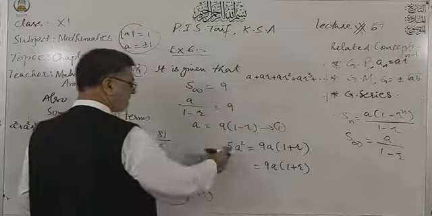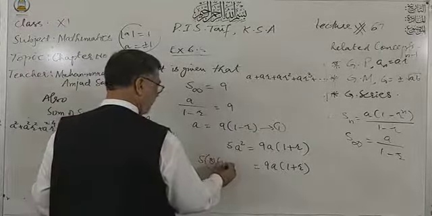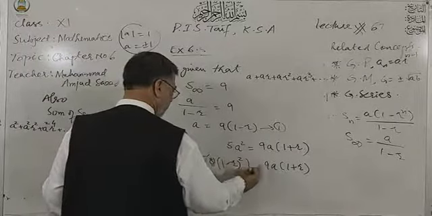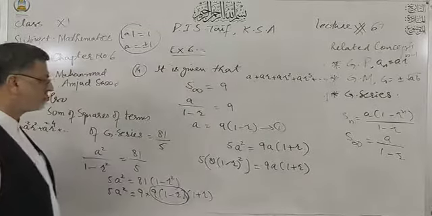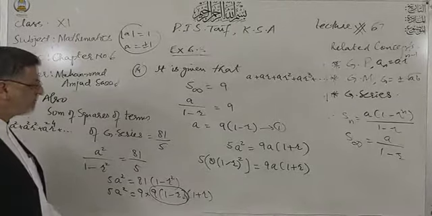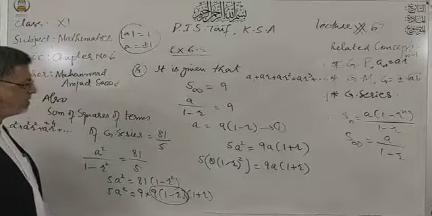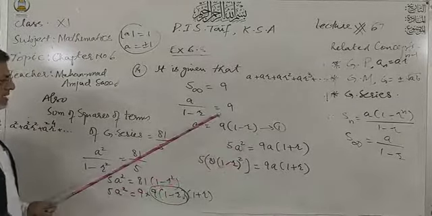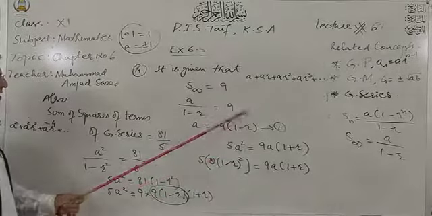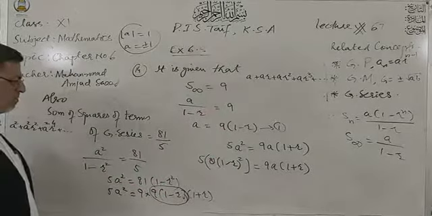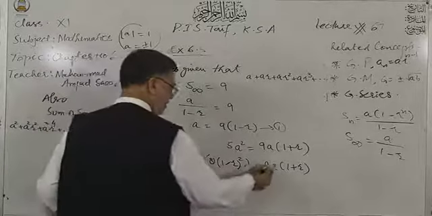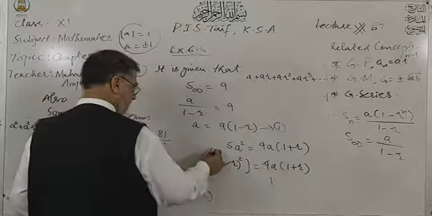5a² means 81 into (1 − r) whole squared. a is 9, so a² is 81, times (1 − r) whole squared. So 9 and 9, 9 nines are 81.